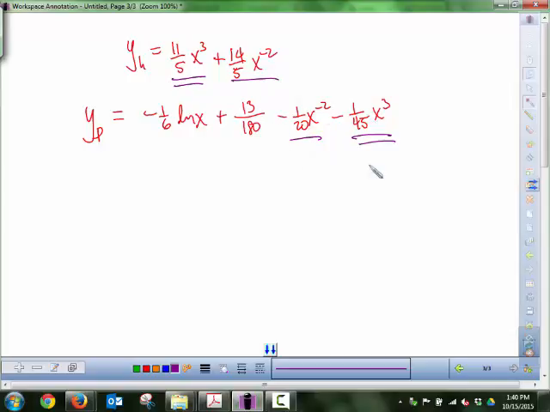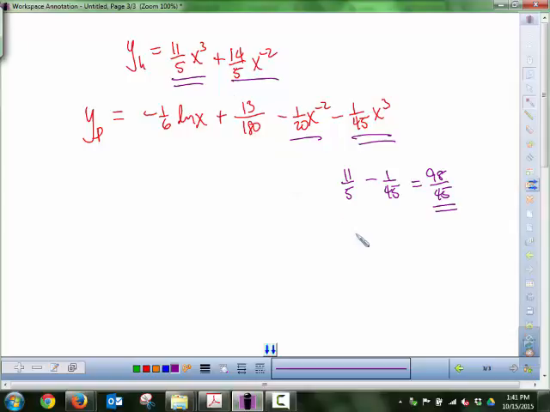With the x cubed, I have 11 over 5 minus 1 over 45. What is that? 99 minus 1, 98. 98 over 45. Is that right? That's for the coefficient of the x cubed.